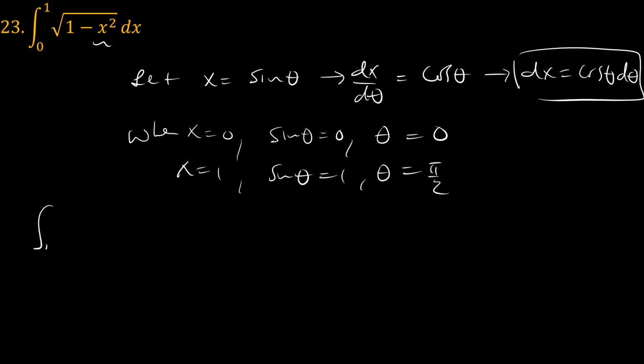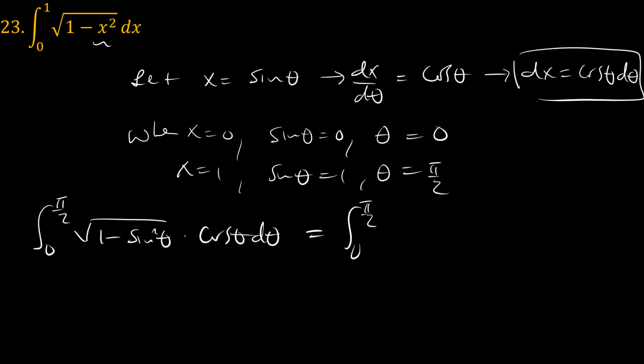So we have the integral from 0 to pi over 2 of square root of 1 minus sine squared theta times cosine theta d theta, which is equal to the integral from 0 to pi over 2 of cosine theta times cosine theta, since the square root of 1 minus sine squared theta is cosine theta.